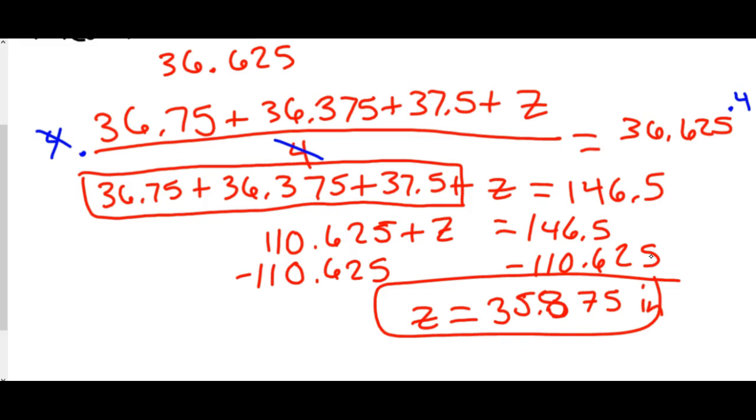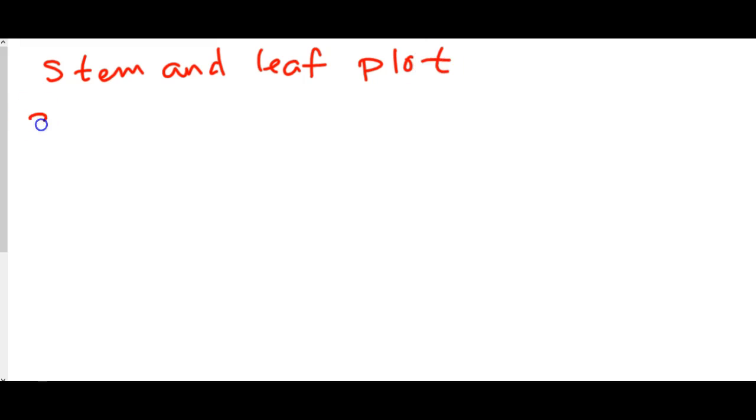So the last thing we can do is, when you have a lot of data, sometimes it's good to organize it in something called a stem and leaf plot. So let's say we have this for our data.